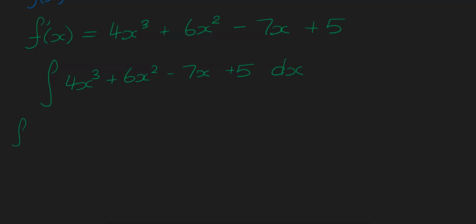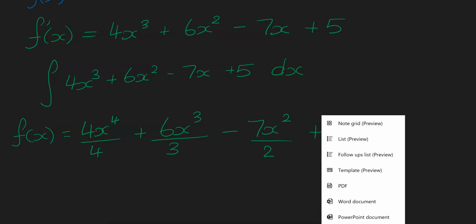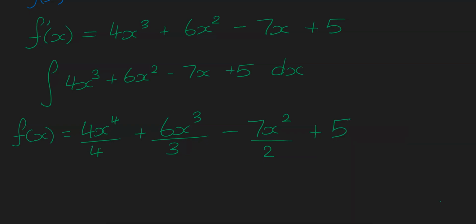Now we get f of x, the original function: 4x to the power of 3 plus 1, which is 4, and we divide by that new power, plus 6x to the power of 3, and we divide by that new power, minus 7x squared, and we divide by the new power, plus 5. Since 5 on its own, we add an x to it. And we have our plus c.